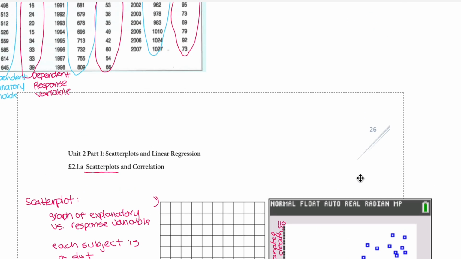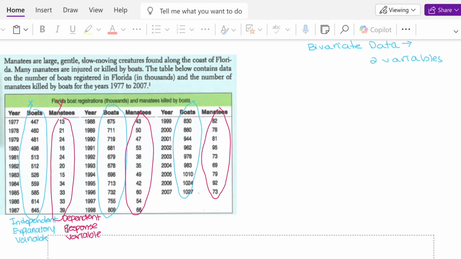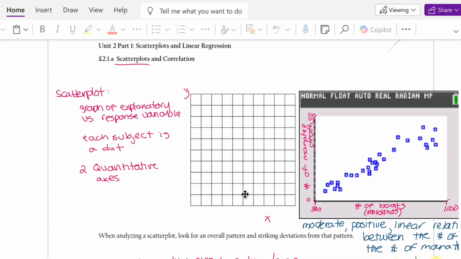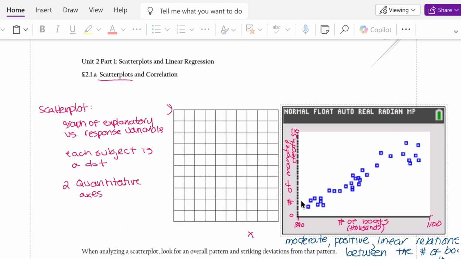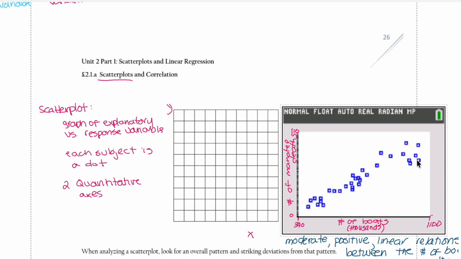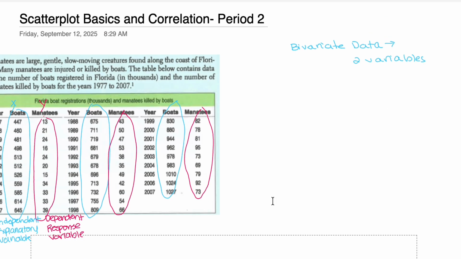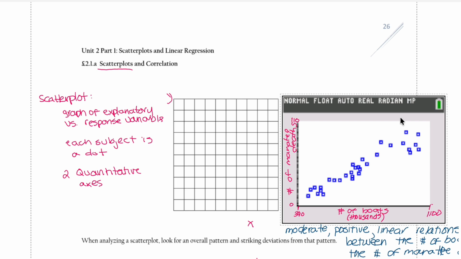And the y-axis is the number of manatees killed, the response variable. So whenever you construct a scatterplot, make sure you label both the x-axis and the y-axis. This is pretty important. And as said right here, this is bivariate data, which means that there are two variables, and each row gives us one pair of values.